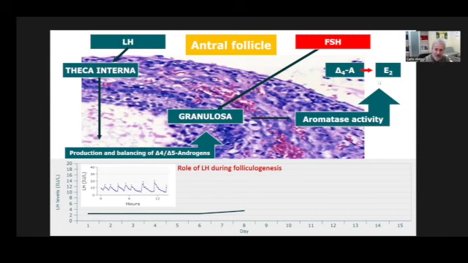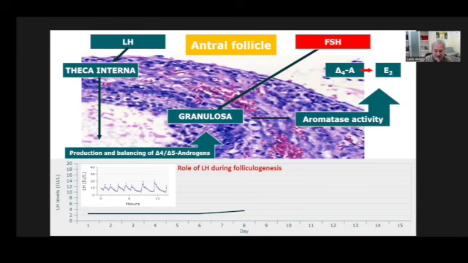This is very important for regulating the selection of a dominant follicle, because with increasing estradiol, the FSH, by negative feedback, will decrease. The effect of reduced FSH is that only follicles expressing more FSH receptor will continue to grow in a progressive way until the selection of the dominant one.